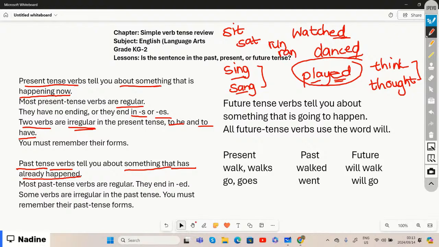Because there's no rule that it follows where it says just add an ed or add a d, right? So irregular verbs or irregular tenses do not follow rules. We can't say just add an s or es because the wording changes when it's in the past tense or when it's either plural or so on, right?